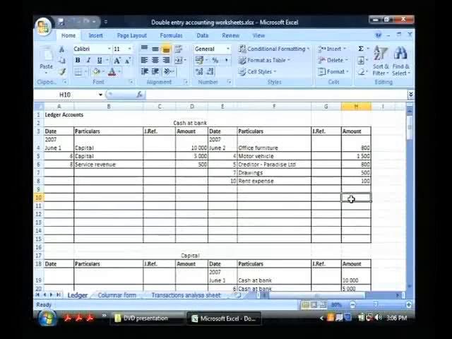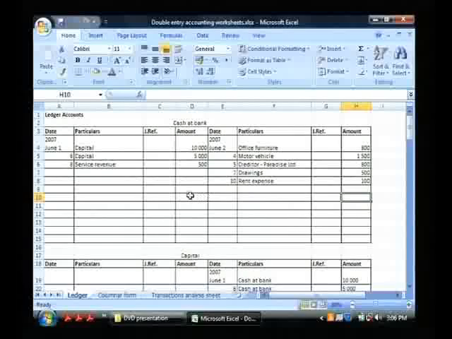Now we can go further step, that is the balancing of ledger accounts. Ledger accounts are normally balanced frequently.